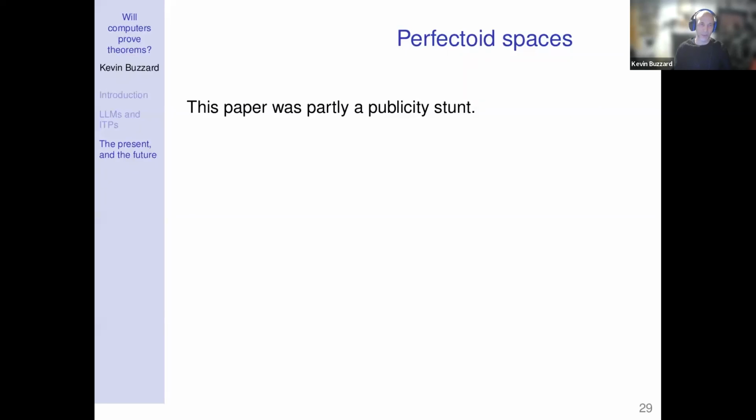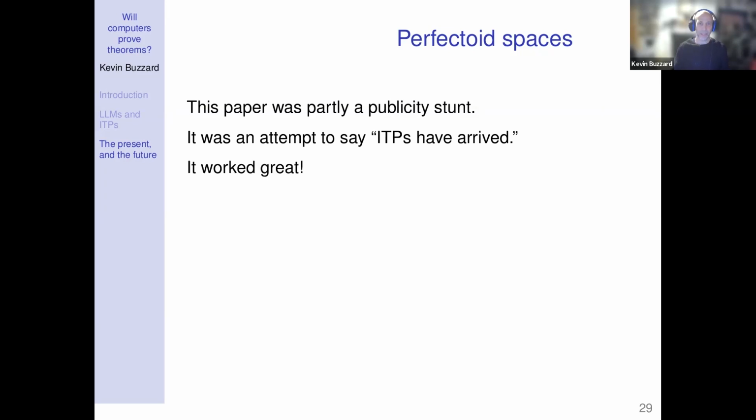But it was also, had it worked, and it did work, we could go around saying, look what we can do. Interactive theorem provers can do perfectoid spaces. And a lot of people got kind of excited about this, which was nice. There was some media attention, which was unexpected. And we made a nice web page.